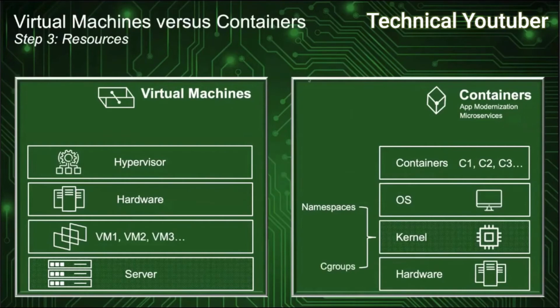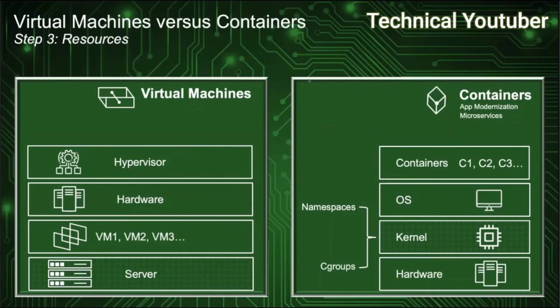Then we have C groups, which are responsible for monitoring and metering out our resources to make sure that we never tax our system with containers. We are limiting the amount of resources they are accessing. We are monitoring things and are able to control exactly what each container has control of.